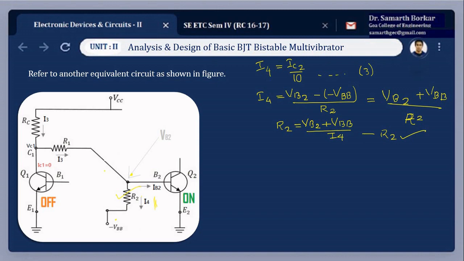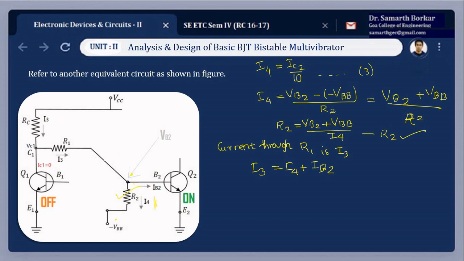Now the current through R1 is I3. So I'll write here the current through R1 is I3, and if you look at this point, I3 equals I4 plus IB2.